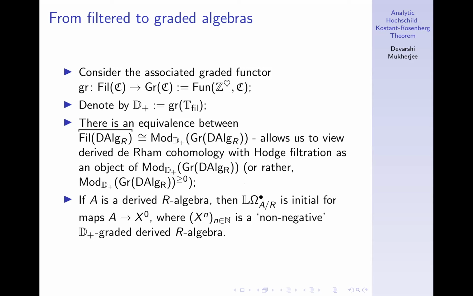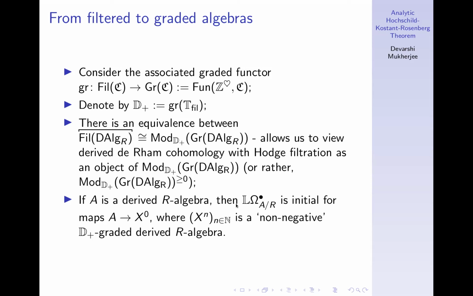So if you remember, if you have a CDGA, that is a commutative algebra object inside chain complexes, you have a grading and you have a differential, and these are compatible. This category has precisely these as its objects. So it has a grading and it has this differential, and these are compatible in this higher algebraic way. Okay, so in a sense, it's just CDGA type of objects.